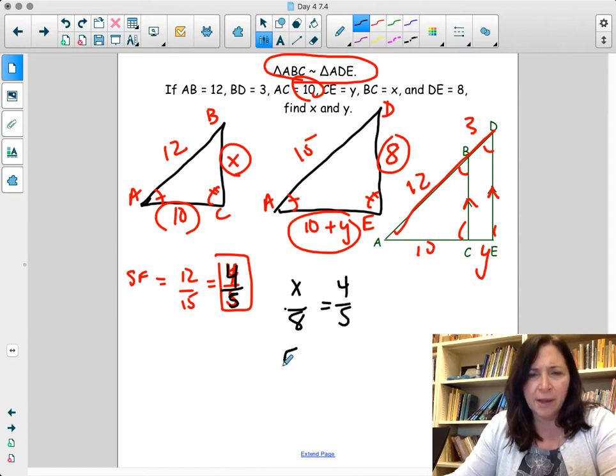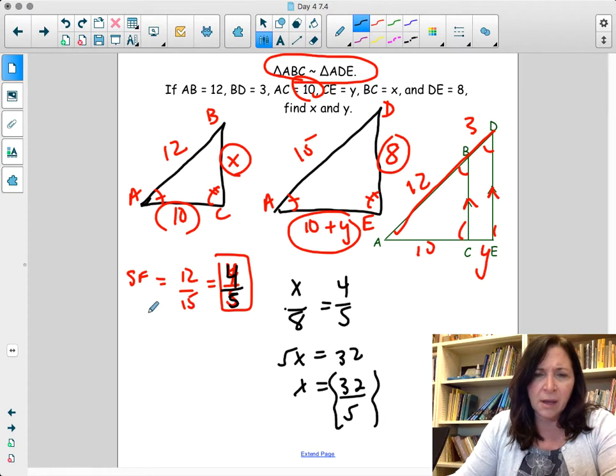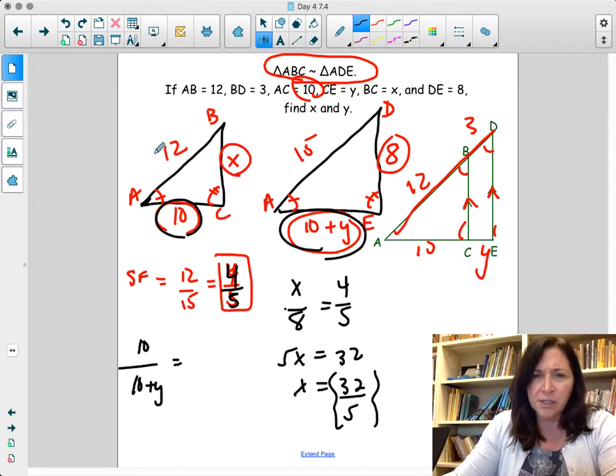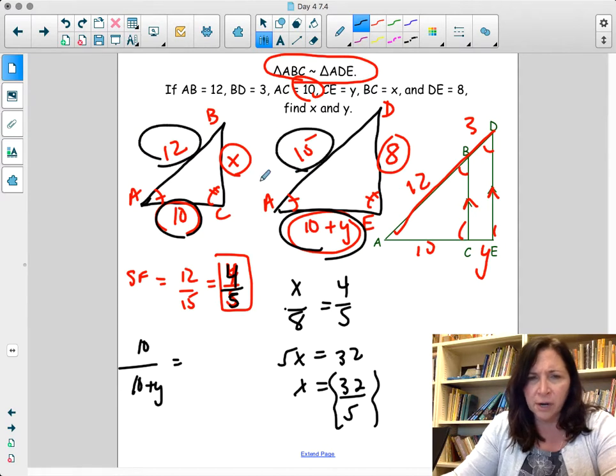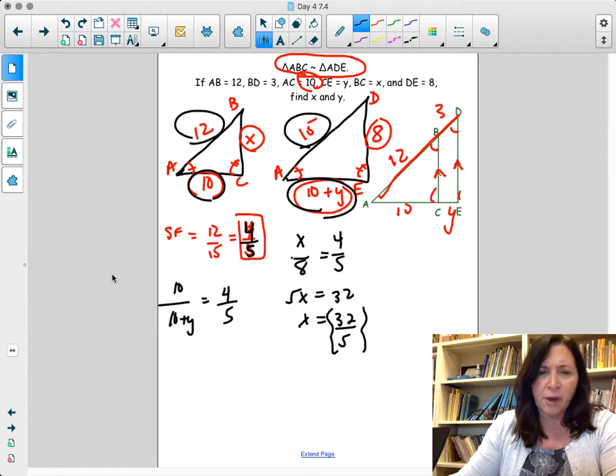And cross multiply, I get 5x is equal to 8 times 4, which is 32. So x equals 32 divided by 5. To find y, I'm going to go 10 is to 10 plus y. So I'm going small is to large as small is to large. 12 is to 15. So that's going to be 4 is to 5. I'm going to cross multiply.